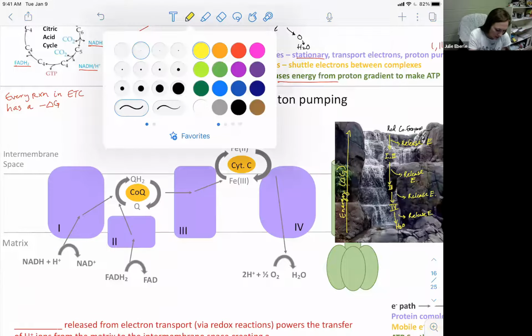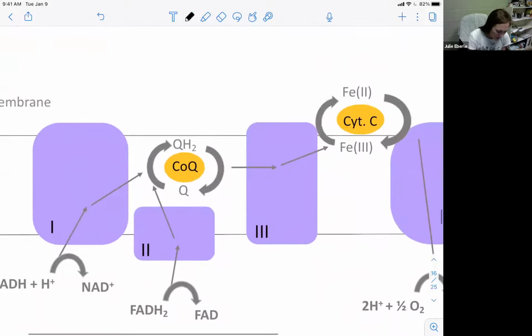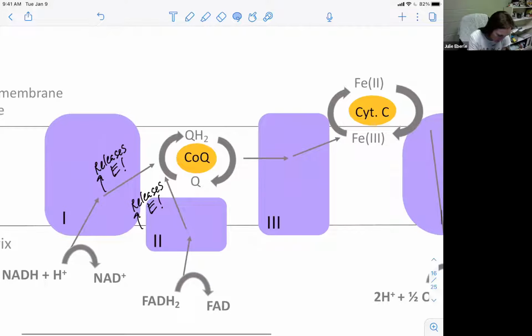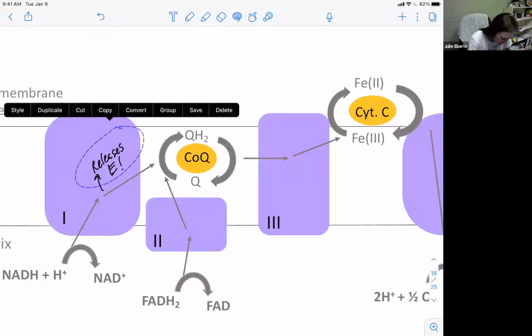So I'm literally going to write the same things over here. Passing electrons through complex 1 releases energy. And I'm going to try to copy and paste this because I don't want to write it 6 times. Same idea here. I'm not very good at this yet.